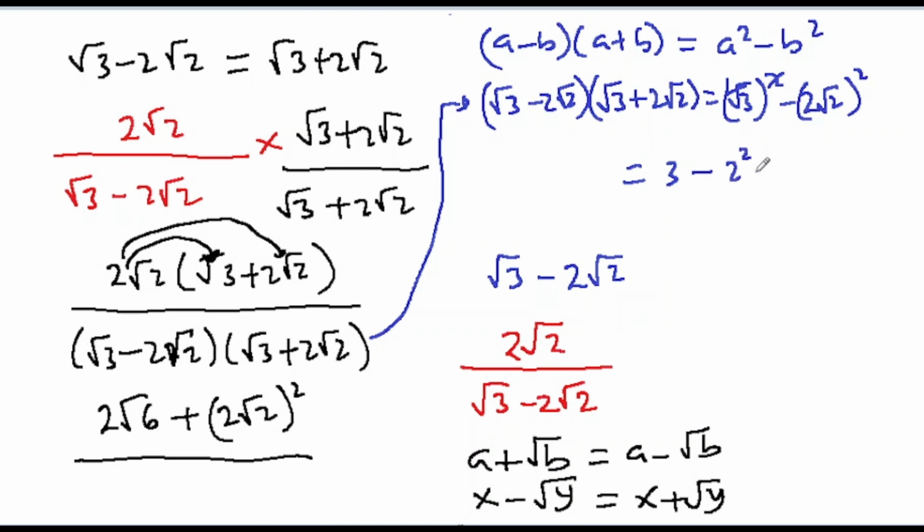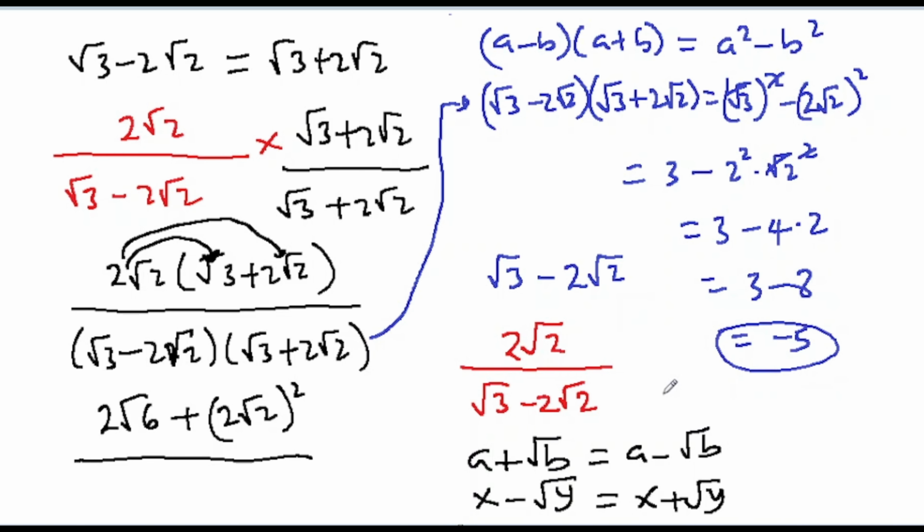Root 3 squared is 3, because the square cancels the root. Then 2 root 2 squared is 2 squared times root 2 squared, which is 4 times 2, that is 8. So 3 minus 8 is negative 5. Our denominator is negative 5.